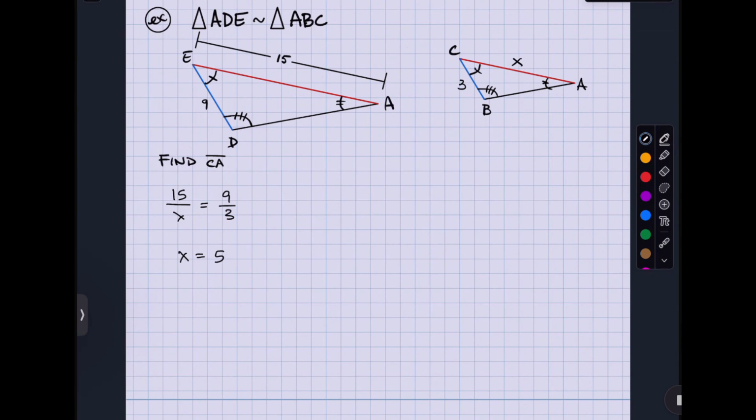It's only certain situations. It has to be a single fraction equaling a single fraction. So if anybody needs to see the work, here it is. And there you go.